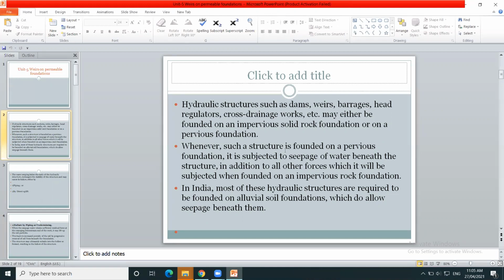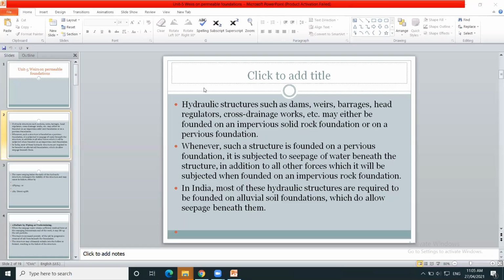So the fifth unit is weirs on permeable foundations, which are pervious, not impervious. I showed you different types of dams: gravity dam, earthen dam, arch dam.